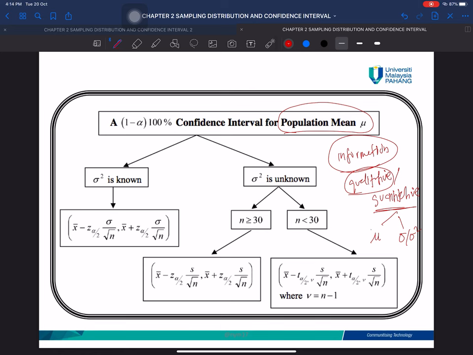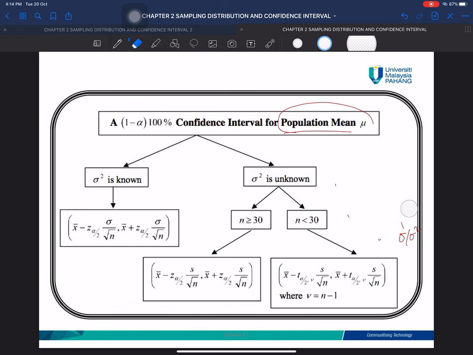So it goes back to the information we have in that question.